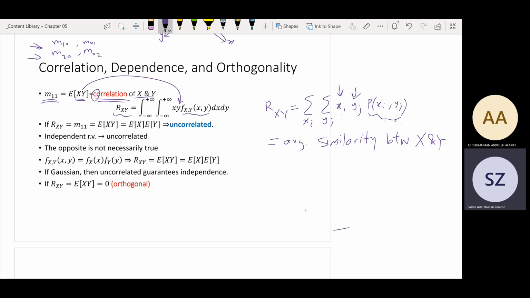The higher x and y are on the positive side, the more similar they are. The higher x and y are on the negative side, ايش هذا يصير؟ The more similar, واحد the negative حق الثاني.